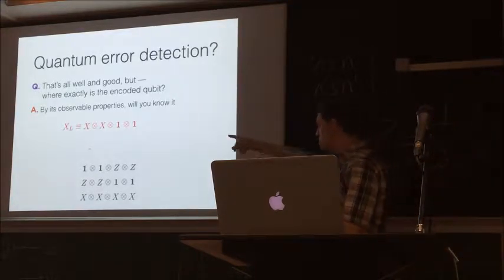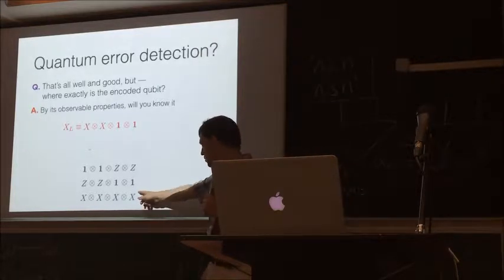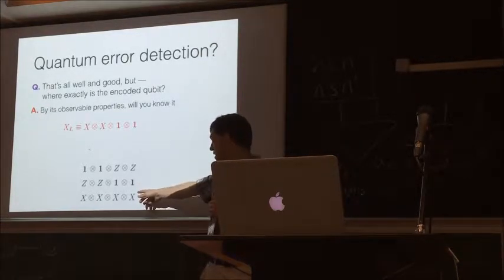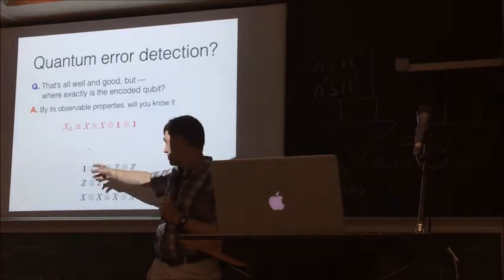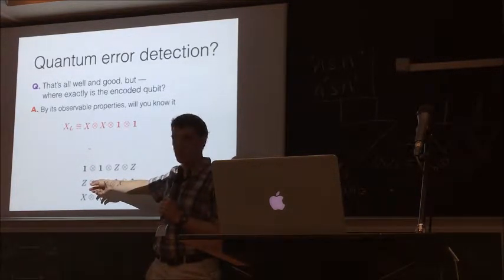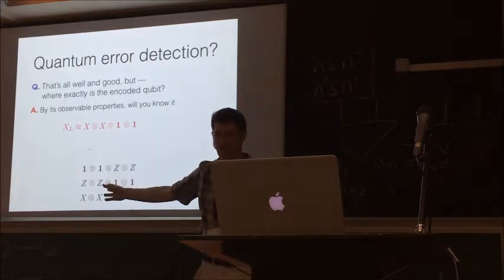In this case, we've got this logical operation. It commutes with all three of these operations because X anti-commutes with Z. If you try to commute them, you end up with a phase of -1. Well, you have a pair of them, so you end up with a phase of -1 twice, and they commute.